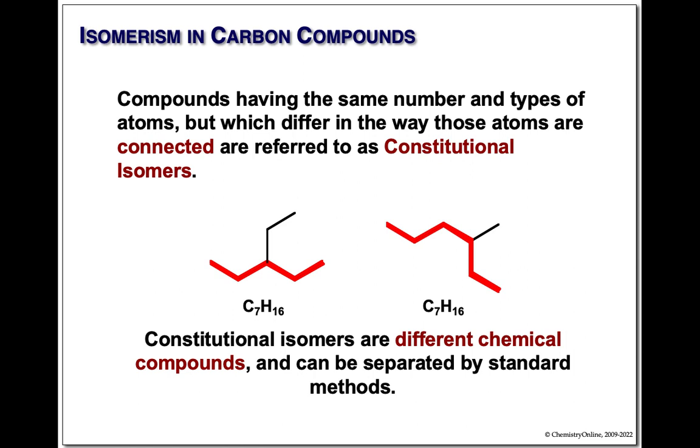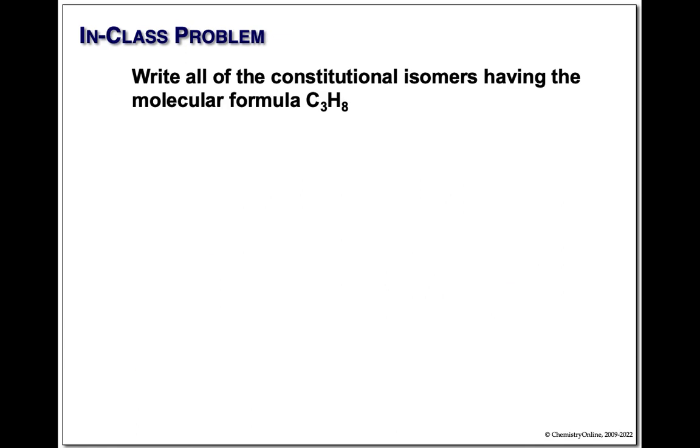Now this brings us to a fun game. Organic chemists like games. Write all the constitutional isomers of C3H8. 3 carbons, 8 hydrogens. See if you can write 1 or 2.